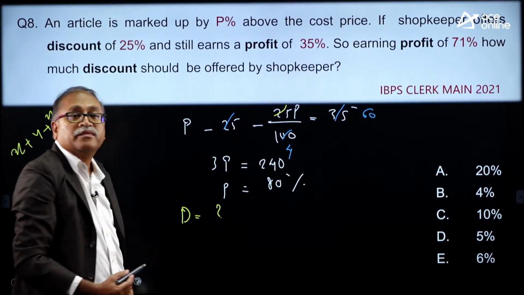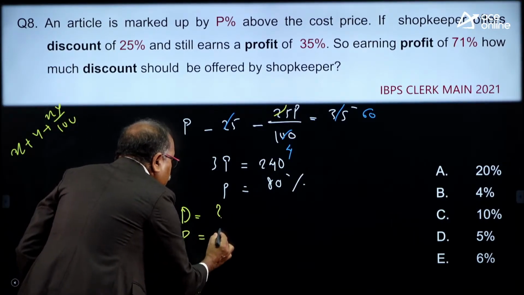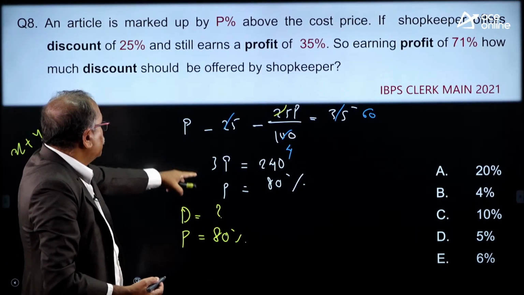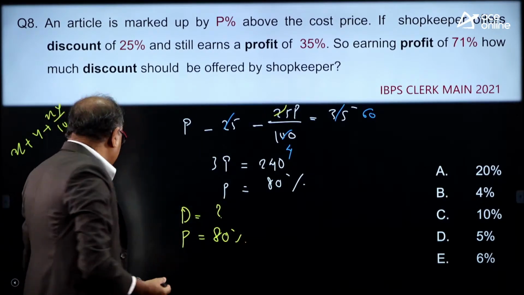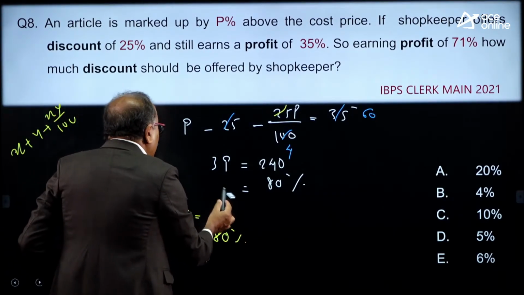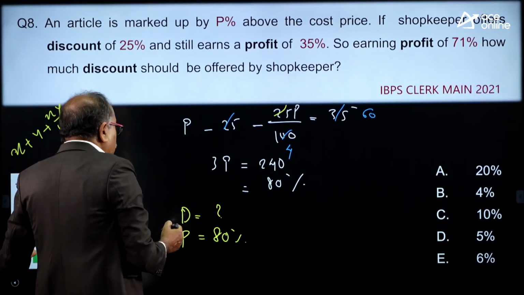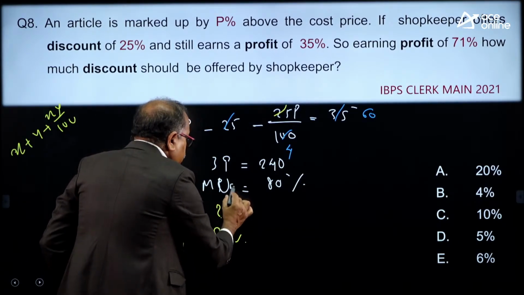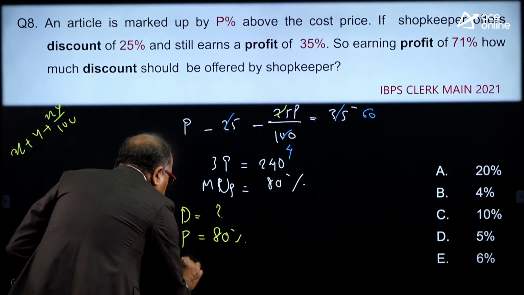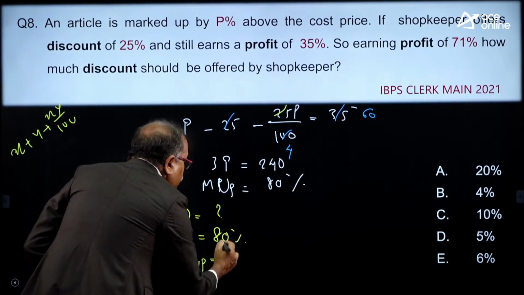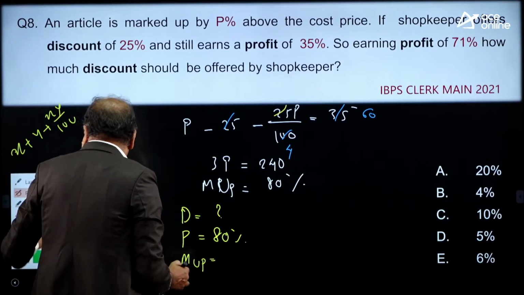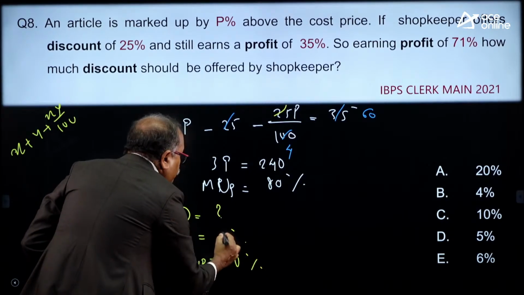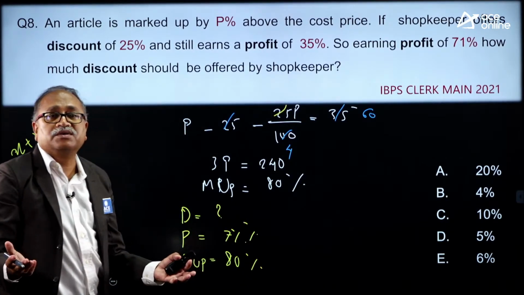This is the question, whereas I know the markup is 80%, and P is here the markup price, not the profit. So, the markup is known to us, and that markup is 80% and the profit is 71%. So, what should be the discount percentage?